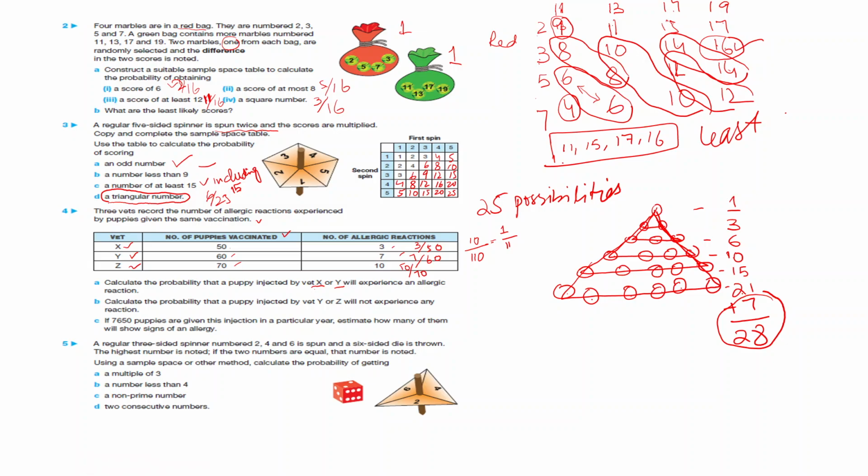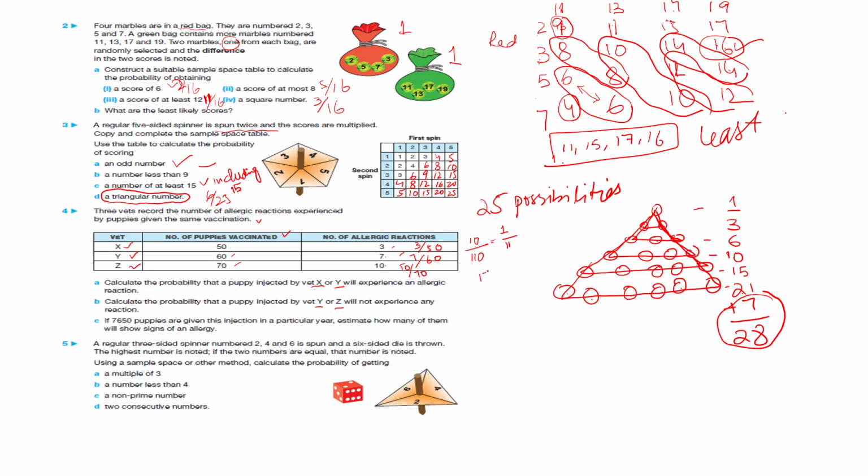Calculate the probability that a puppy injected by vet Y or Z will not experience any reaction. So first, Y and Z will experience how many? 10 plus 7 is 17, right?